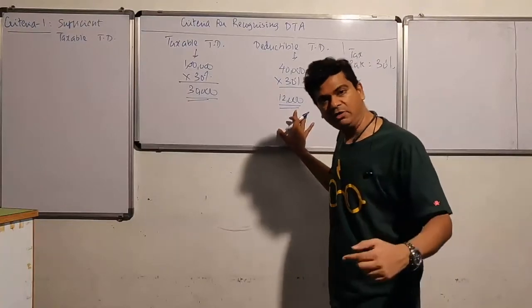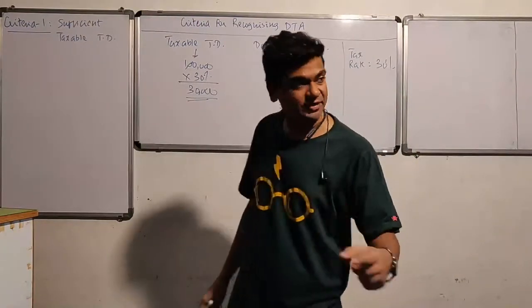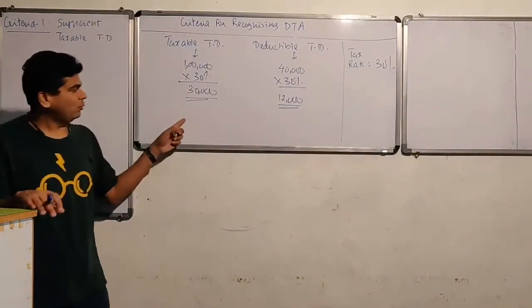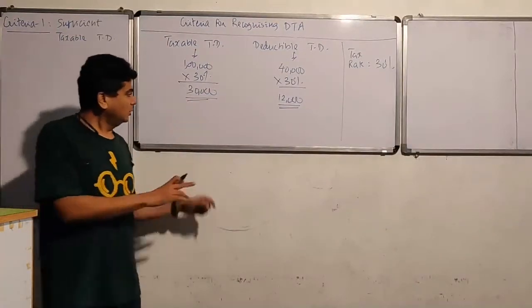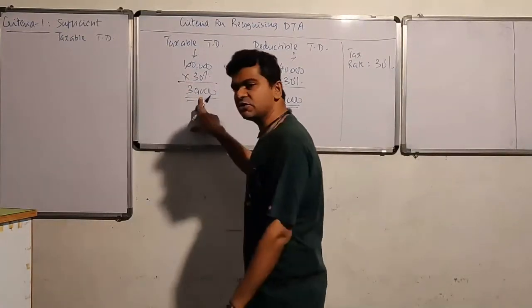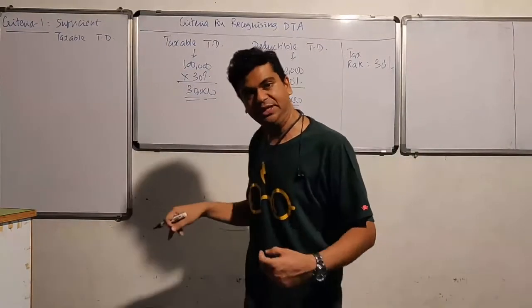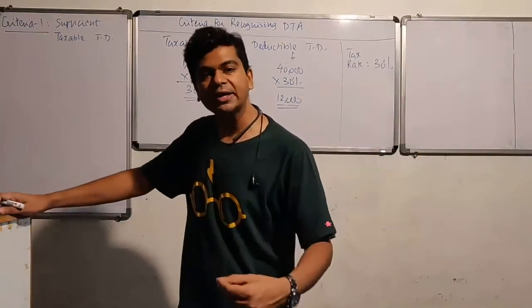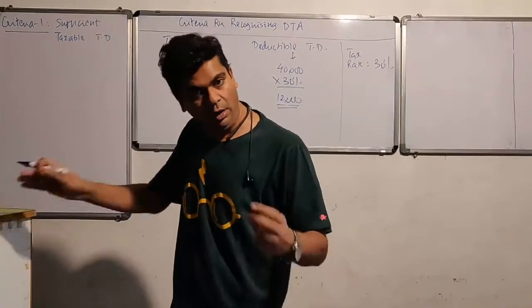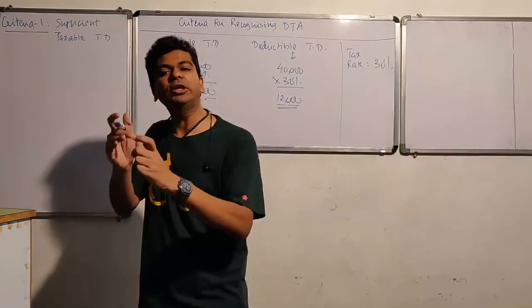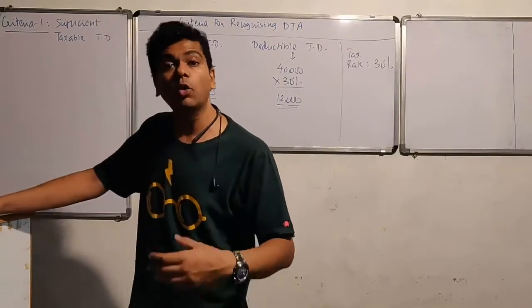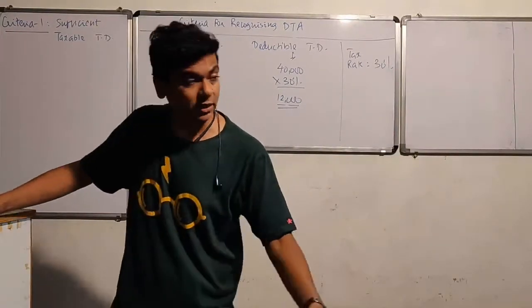DTA, I will be able to save that much of tax. This is DTL. I'll have to pay extra tax of 30,000. So in the process of paying extra tax of 30,000, I will be able to realize the DTA, because the DTA will bring down my tax liability to that extent. So as long as there is sufficient taxable temporary difference, you can go ahead and recognize a DTA.